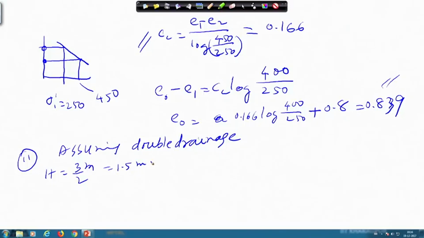Then the total settlement will be equal to Cc into H by 1 plus e naught into log 450 by 250.